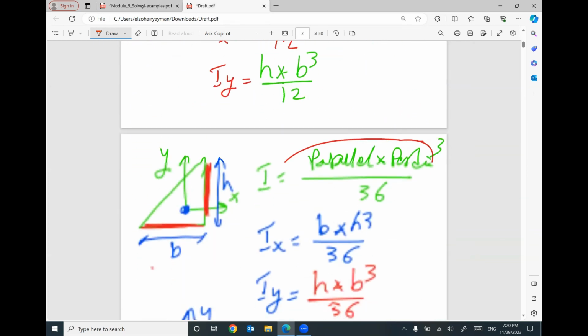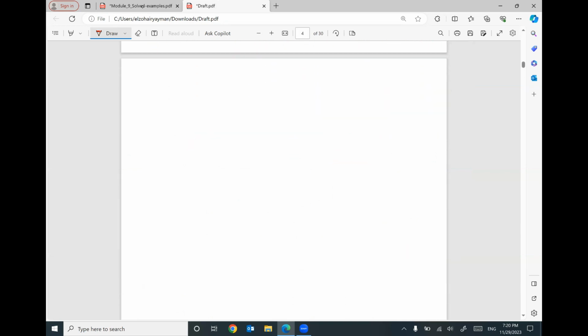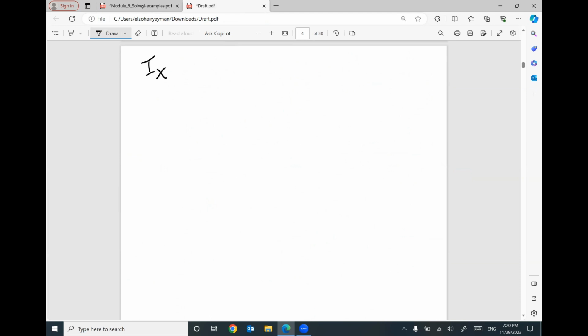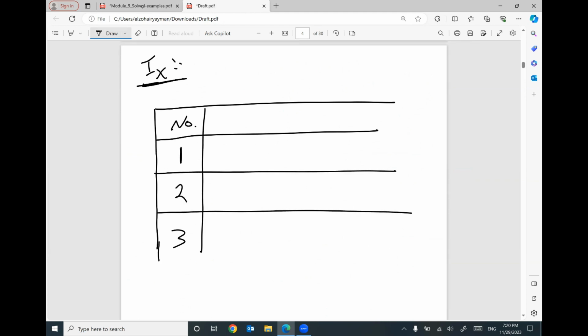So if you would like to find out the value of Ix, I will set up a new table. How many parts do you have? Part number 1, part number 2, part number 3.